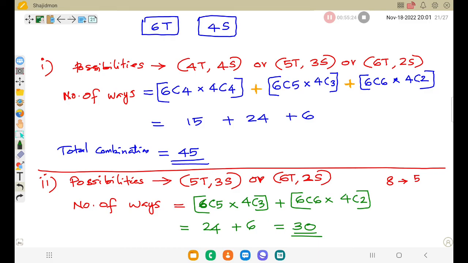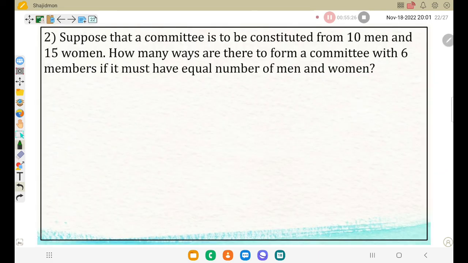Okay, now let me go to the next question. I am doing the committee forming questions together from the exercise. Question number 2. Suppose that a committee is to be constituted from 10 men and 15 women. Check availability first.